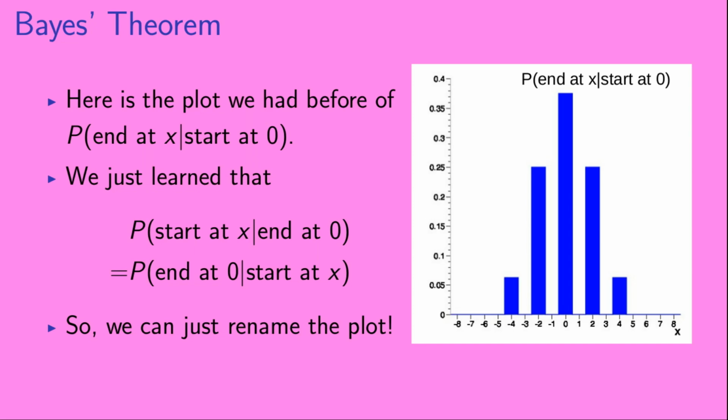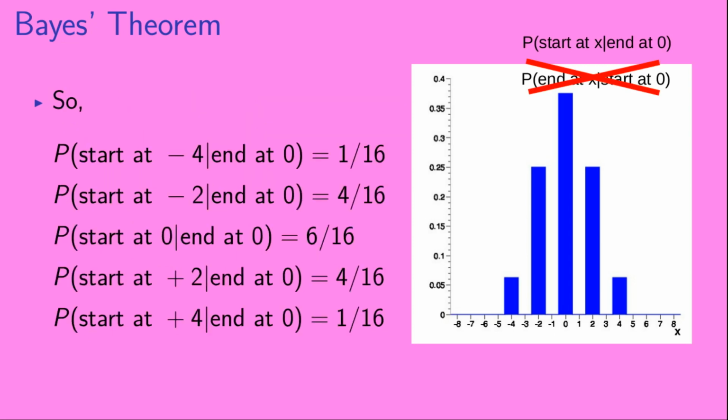So we can just rename the plot. So we have that the probability that the object started at -4, given that it ended at 0, is 1/16. The probability that it started at -2, given that it ended at 0, is 4/16, etc.